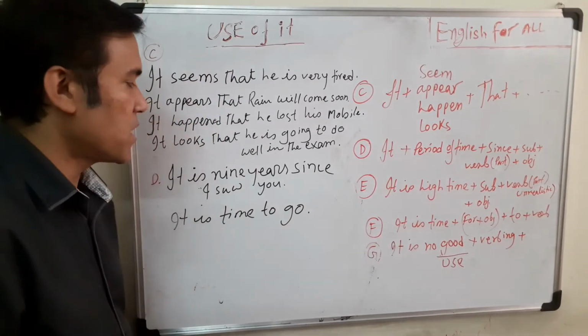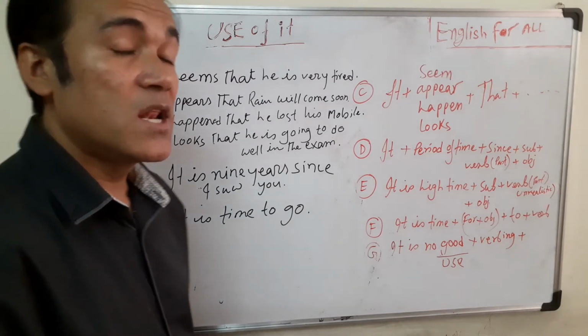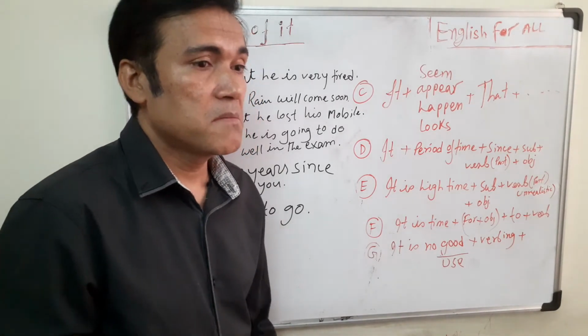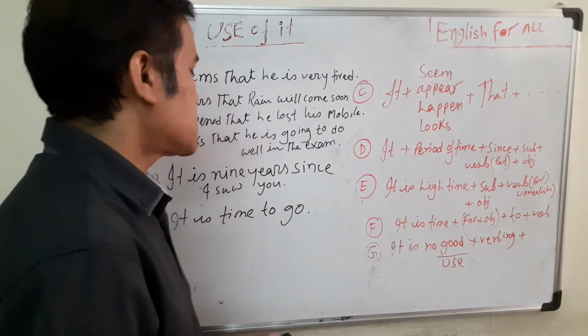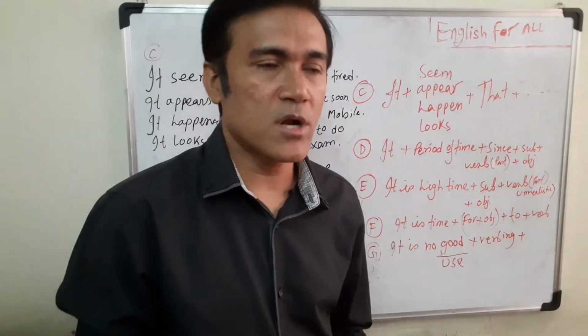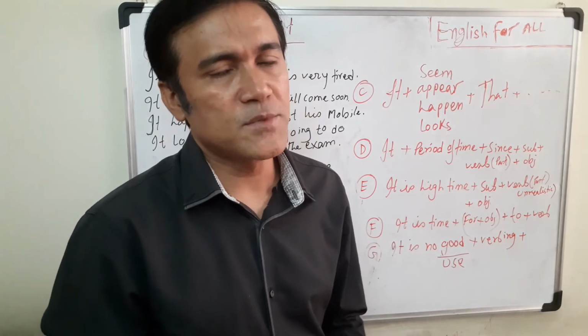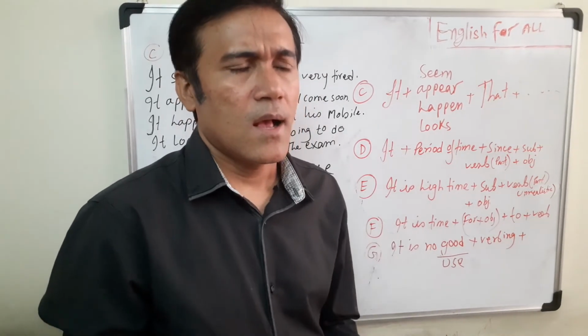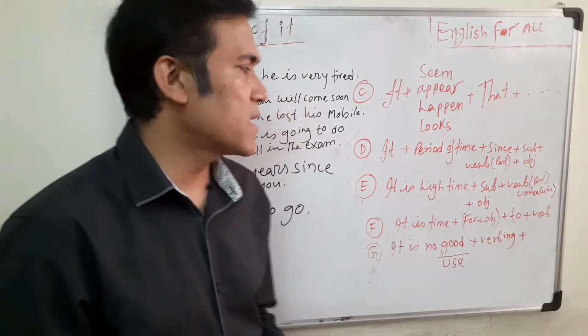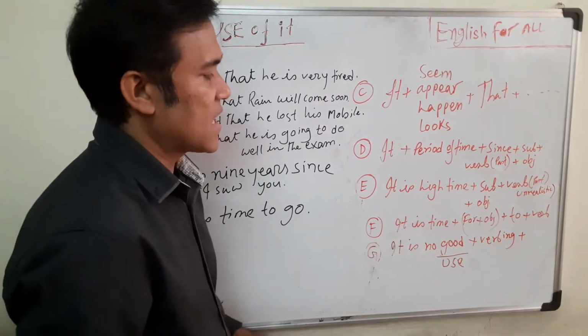You can say it is time to leave the place. It is time to play. It is time to read. It is time to study. So such sentences you can make using this structure.